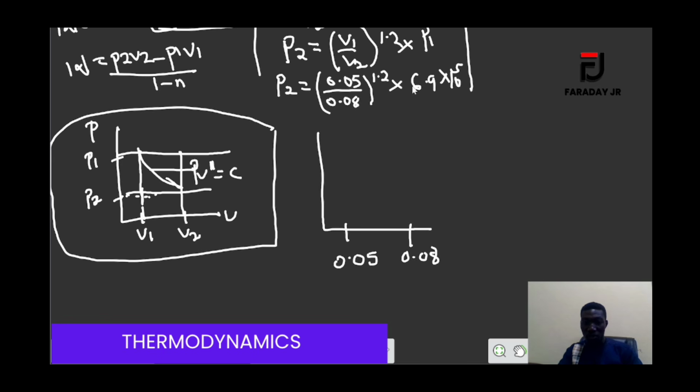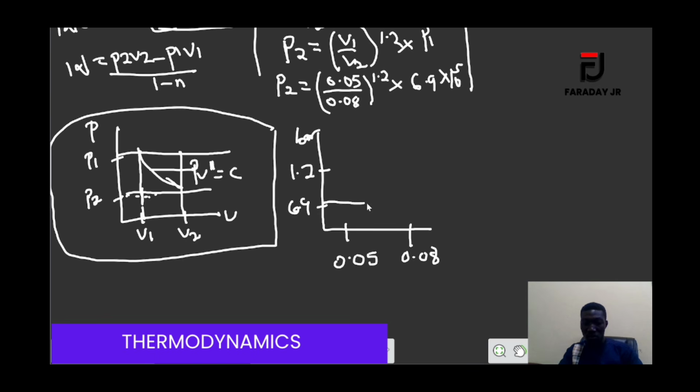Then for the pressure, initially it was at 1.2, and this one is in bar, then lastly the final was 6.9.